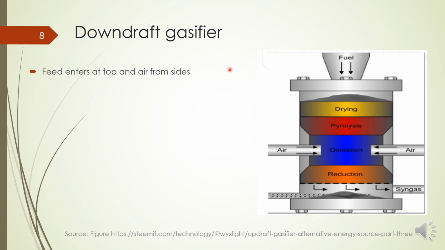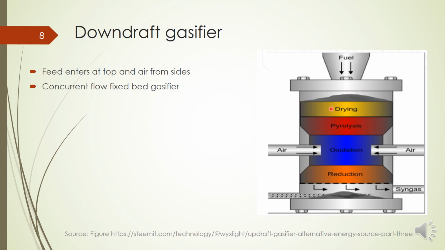So this is a concurrent flow type fixed bed gasifier. So remember, the updraft gasifier is a counter current flow gasifier, whereas this downdraft gasifier is a concurrent flow fixed bed gasifier.